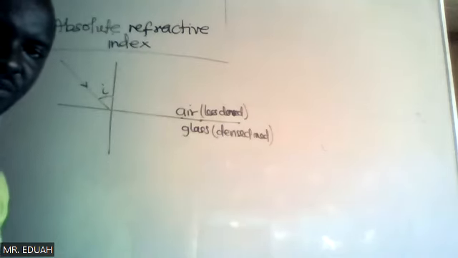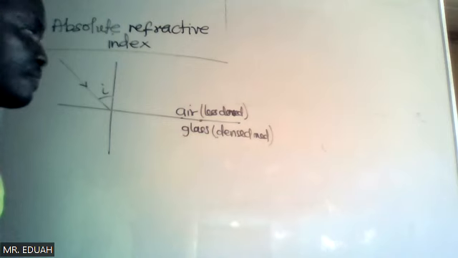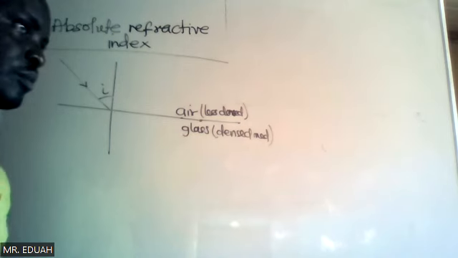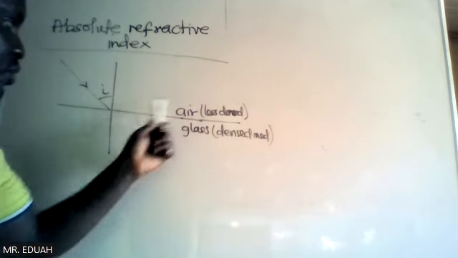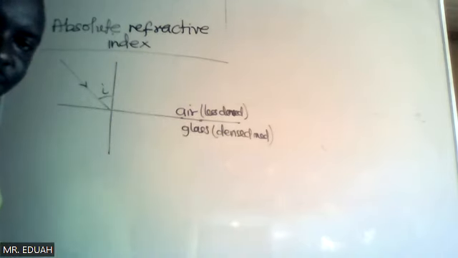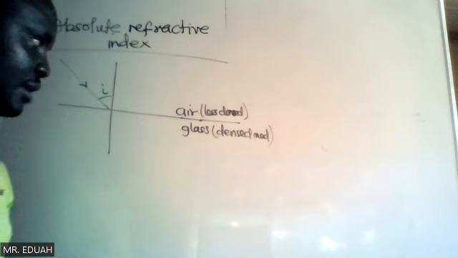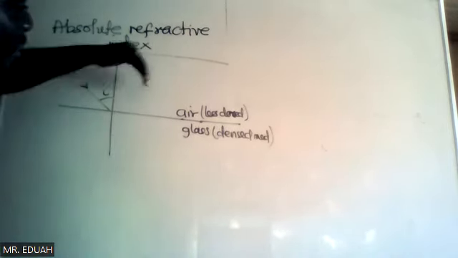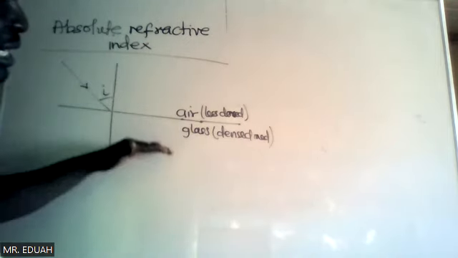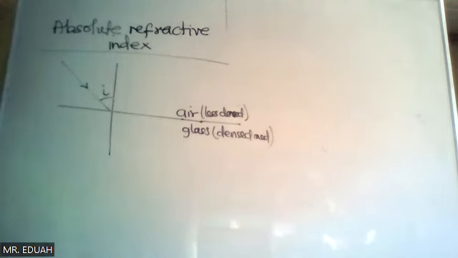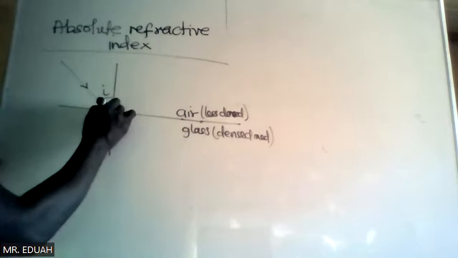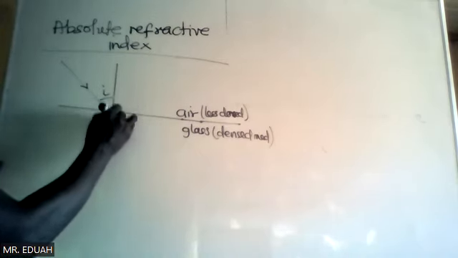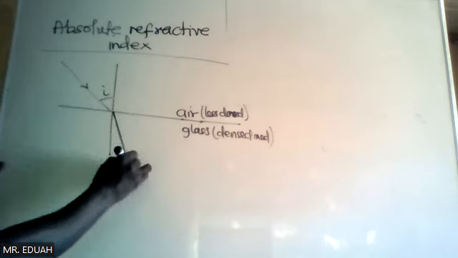Sir, from air to glass, it is moving from a less dense medium to a more dense medium. So what will happen to the light going through the medium? It will move closer to the normal. So it will bend towards the normal. Okay.